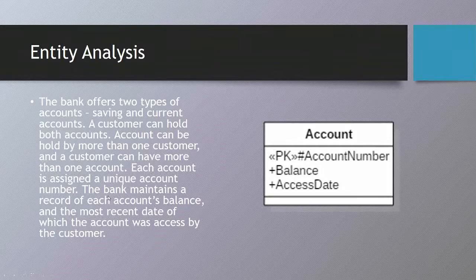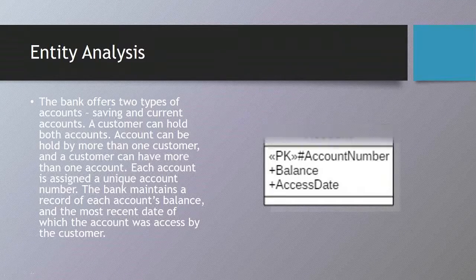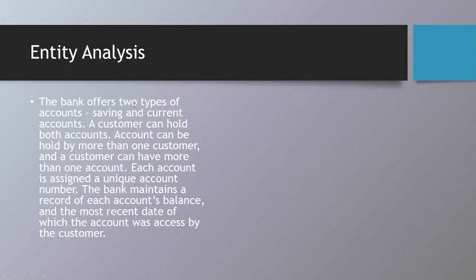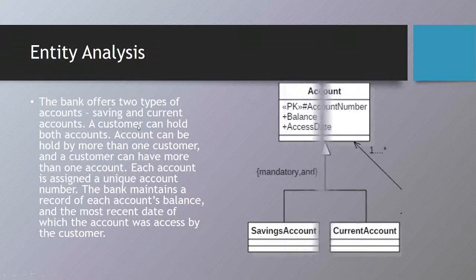So that means the other attributes are balance and access date. And it's also stated that the bank offers two types of account, savings and current account. That means there's a specialization of account: savings account and current account.